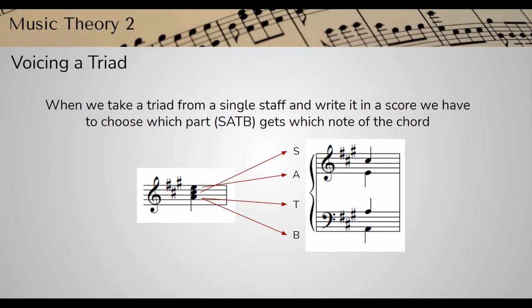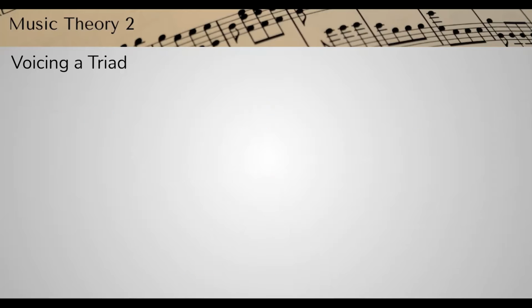It's the same triad. It's still an A major triad, but it's spread out. We've given a different part of the triad to each voice in our ensemble. This is what's called voicing a chord, because we're choosing which voice gets which note.